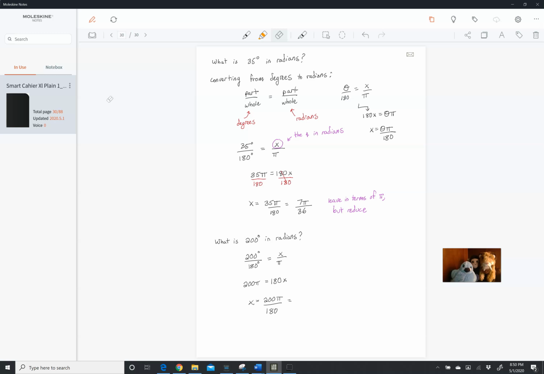And you want to reduce. So both of these are divisible by 20. So you get 10 pi over 9. Okay, so you reduce, but you leave in terms of pi. Don't convert this to a decimal, okay? And don't convert your improper fraction into a proper fraction. Leave it as 10 pi over 9.